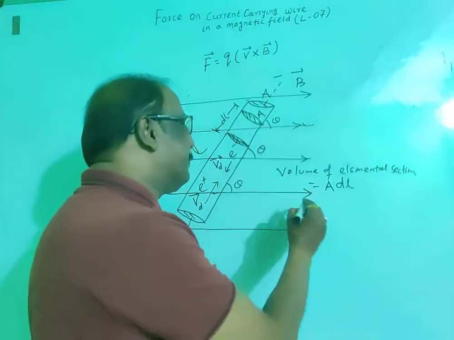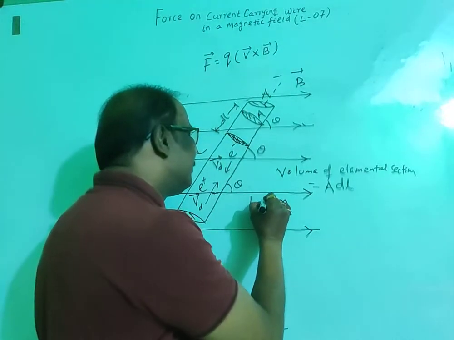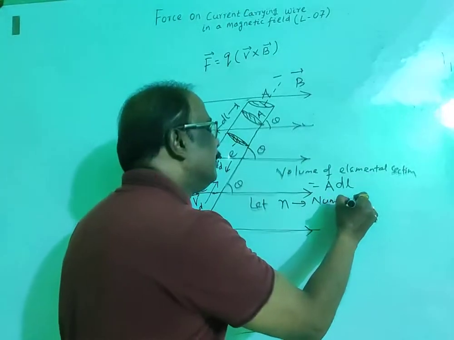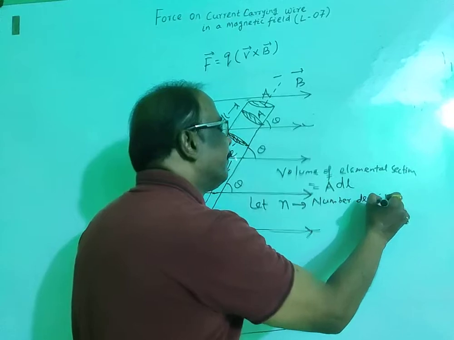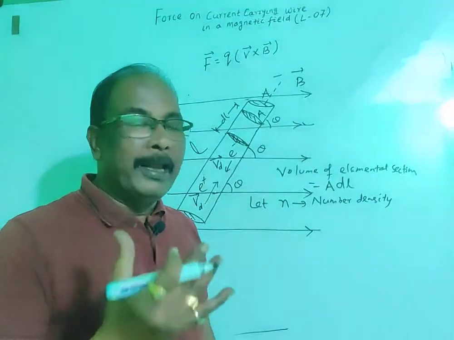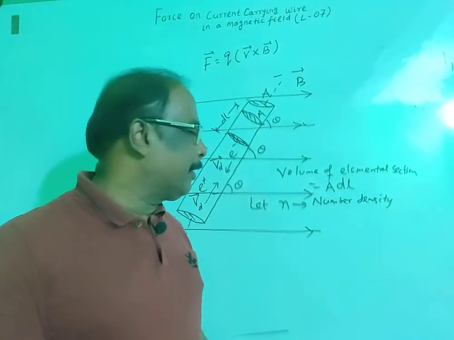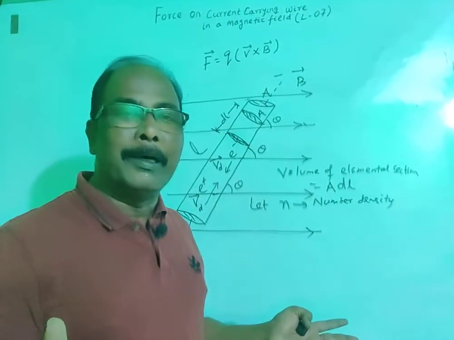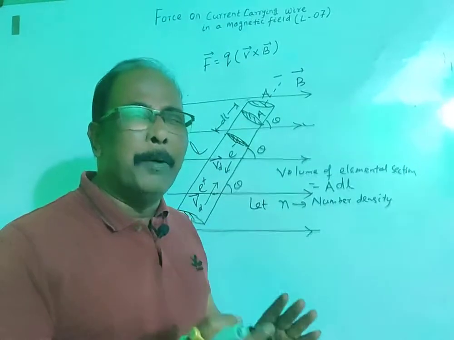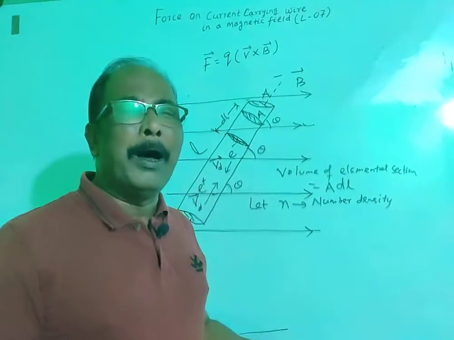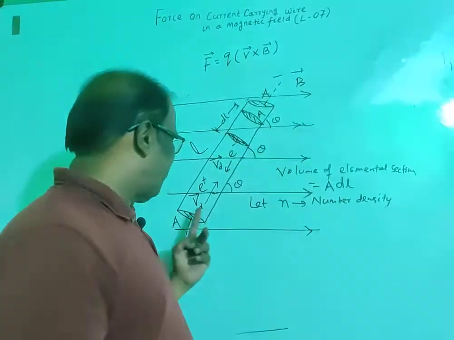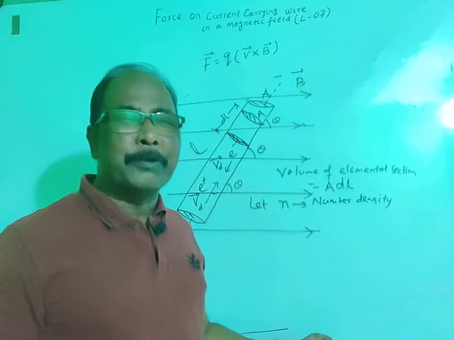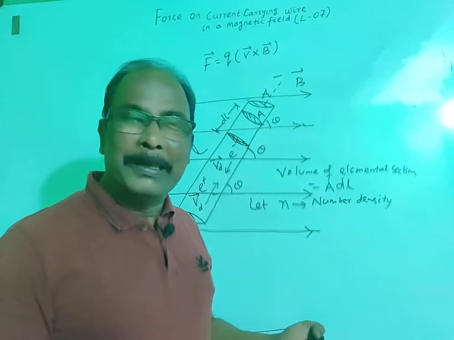As we know, let n be the number density of charge, meaning free electrons. The number density of free electrons means n is the number of free electrons per unit volume of the conductor, and as we have assumed, an equal amount of positive charge flows from high potential to low potential. So the number of free electrons may be assumed to be equal to the number of positive charges.